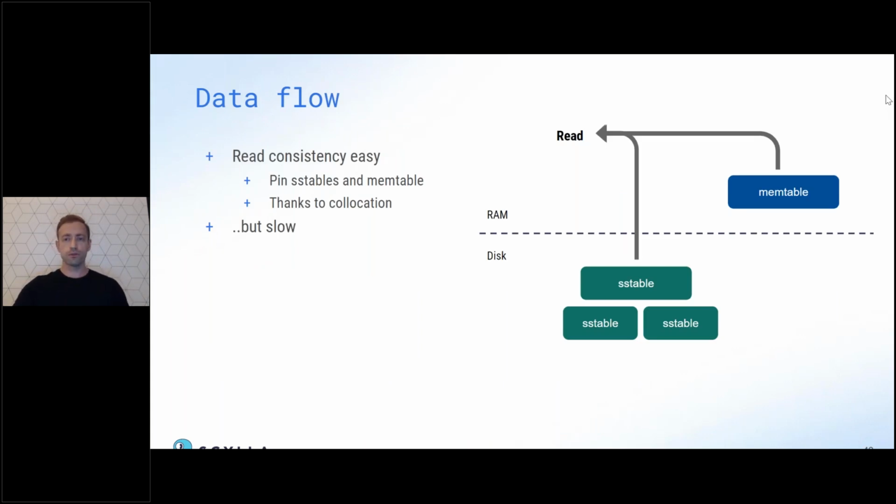It can be achieved, for example, by taking a snapshot of memtables, pinning them in memory, taking a snapshot of SSTables, and then combining the data from all the sources. But in this case, we are missing the cache, so such a read is very slow because it has to go to disk every time and read from multiple files.